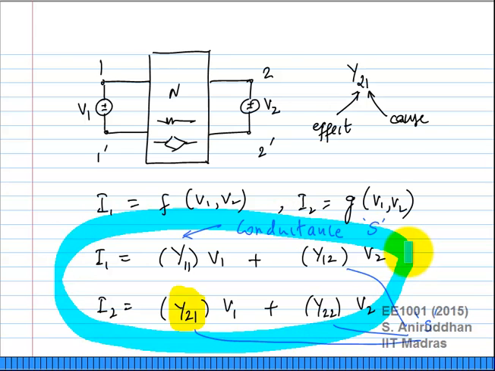What is the easiest way of finding out Y11, Y12, Y21, Y22? Correct. If I set V2 to be 0 and look at these two currents I1 and I2, I'll get Y11 and Y21. If I set V1 to 0, I get Y12 and Y22. What does it mean when I say I am setting V1 to 0 or V2 to 0? I short circuit that particular port.